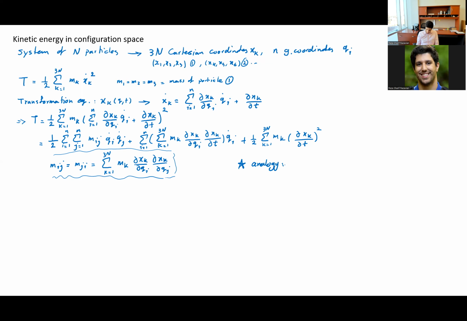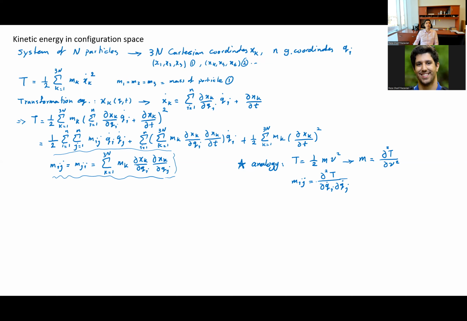For a single particle, we had T equals 1/2 mv squared. So from here, we can see m is actually the second partial derivative of T, kinetic energy, with respect to v. Similarly here, Mij is the second partial derivative with respect to q dot i, q dot j.